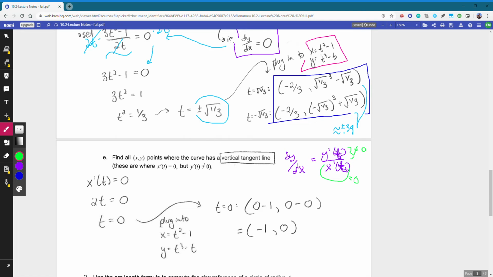And so that gives us an equation to think about. So x prime of t, the derivative of our x coordinate of our parametric equations, gives us 2t. And so this is happening when t equals 0.